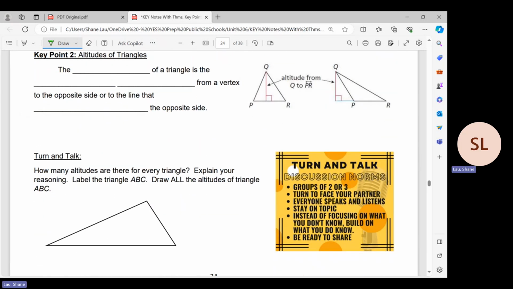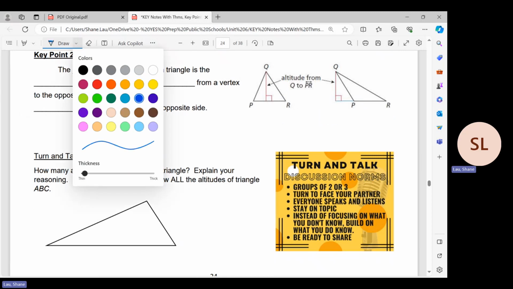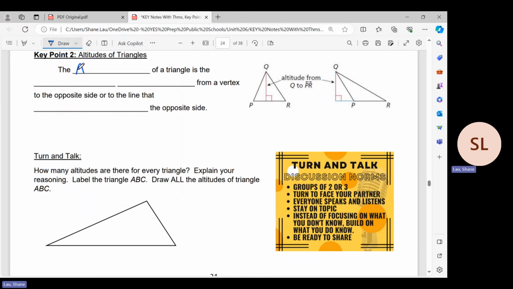The next key point goes over what we call the altitude. So the altitude of a triangle is the perpendicular segment from a vertex to the opposite side or to the line that contains the opposite side.